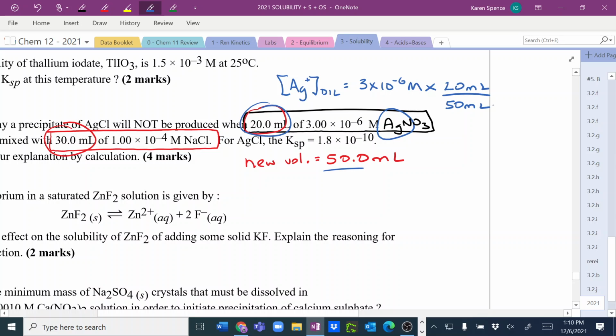So 3 times 10 to the negative 6 times 2 divided by 5 is 1.2 times 10 to the negative 6.